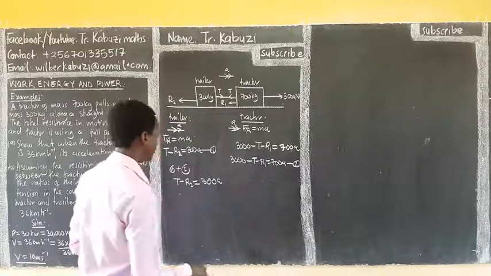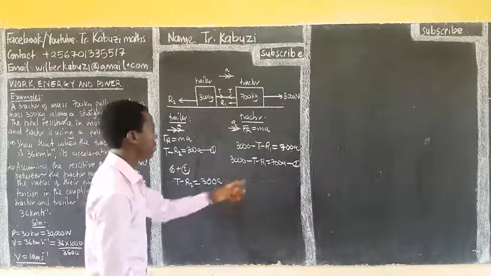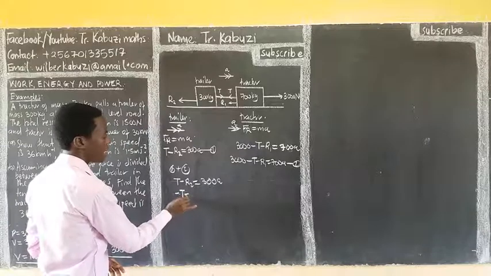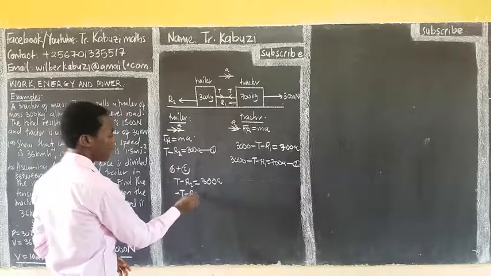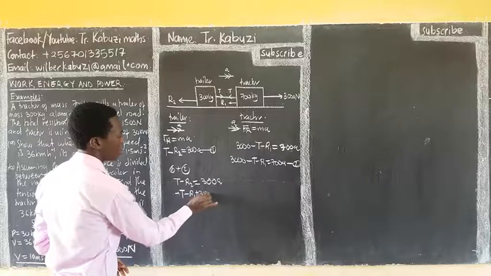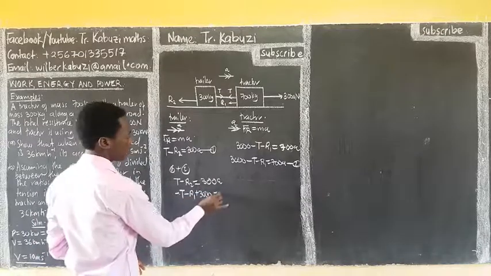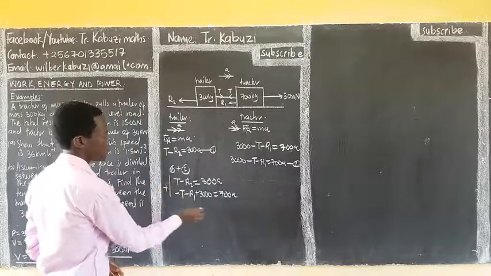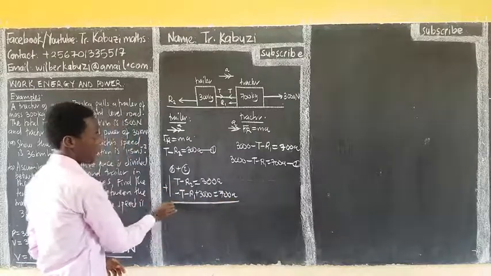When I add this, I'll be having, let me start with this, negative T minus R1 plus 3,000 equaling 700a. If we add these two, let us see what happens.